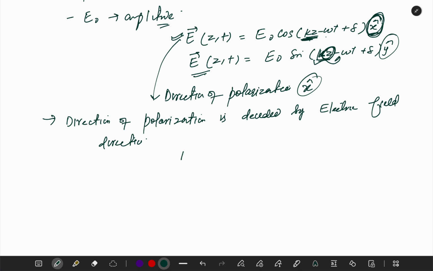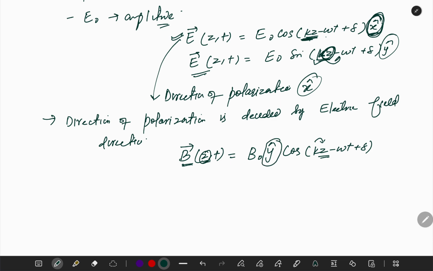That would be the direction of the magnetic field. So B(z,t), again the wave is traveling along z, would be B naught in the y direction, cos of (kz minus omega t) plus pi. Again, the wave is traveling along z because the coefficient of k is z, and the magnetic field is varying along y.